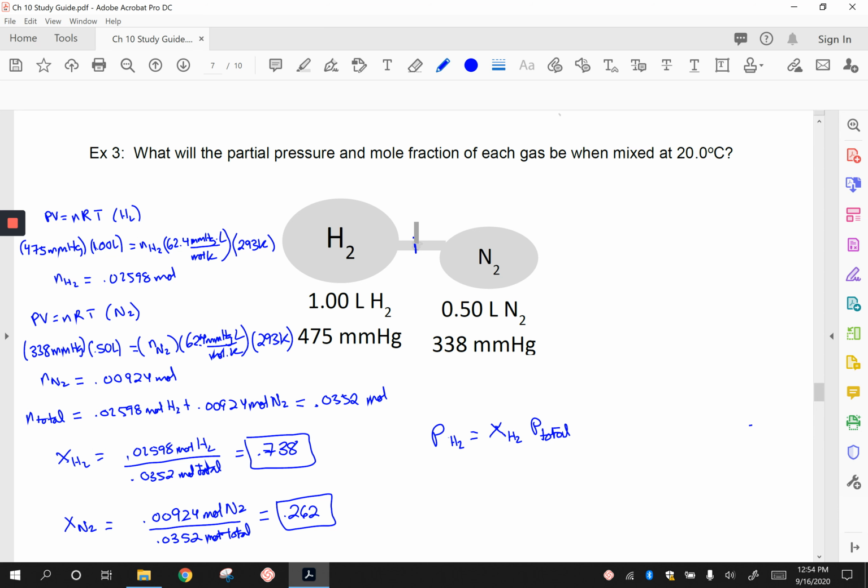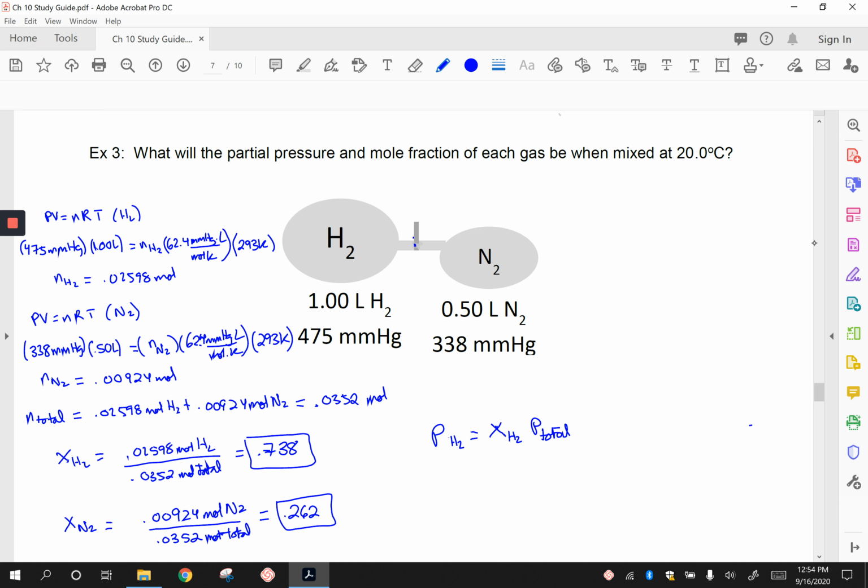Why? The total pressure in reality, when I open this up, is going to be less than these two combined together. Why is that? Because remember, pressure is related to volume, right? This hydrogen is under this pressure, and this nitrogen is under this pressure, in these volumes.